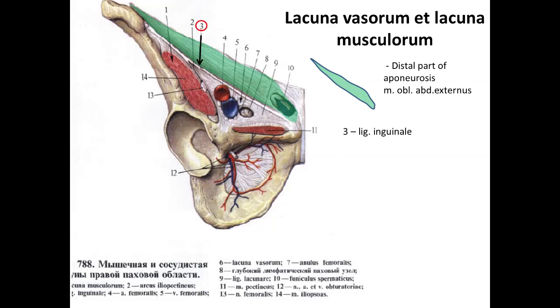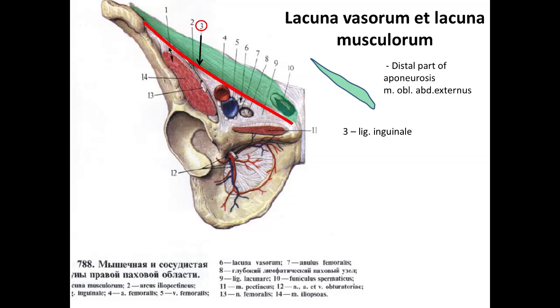Now I demonstrate to you with a red line this structure. Ligamentum inguinale. Ligamentum inguinale is part of this aponeurosis of musculus obliquus abdominis externus, that part which is between two bones, spina iliaca anterior superior here and tuberculum pubicum here.